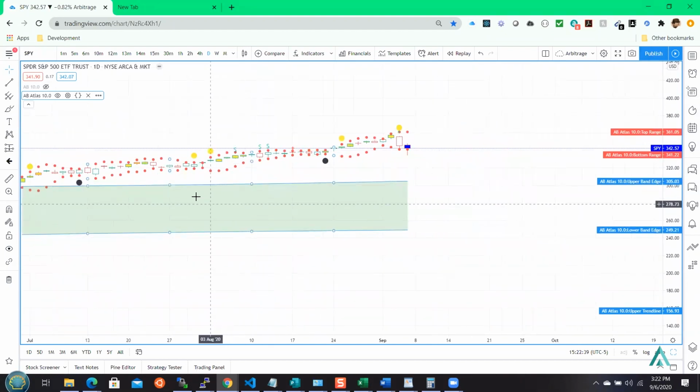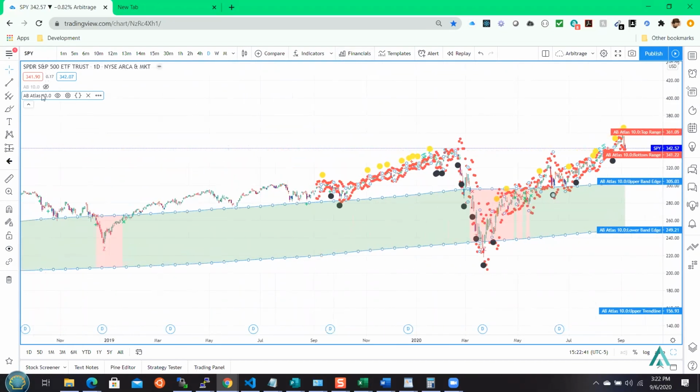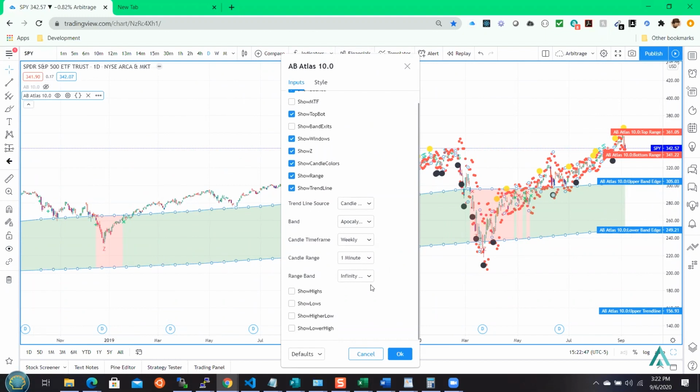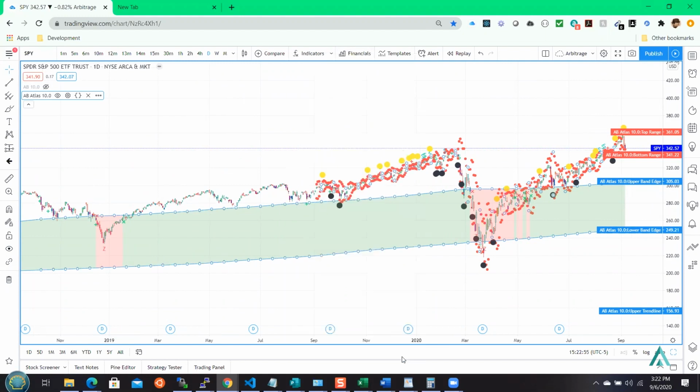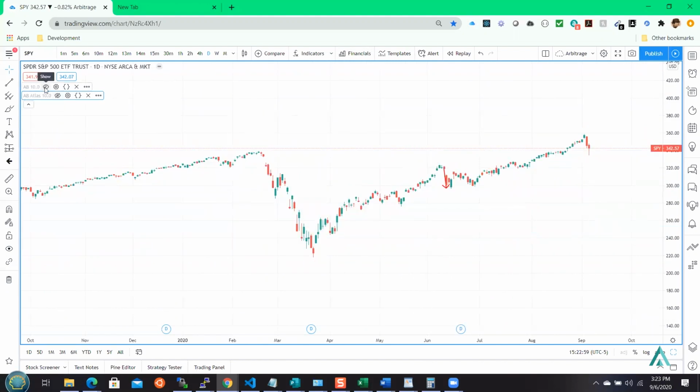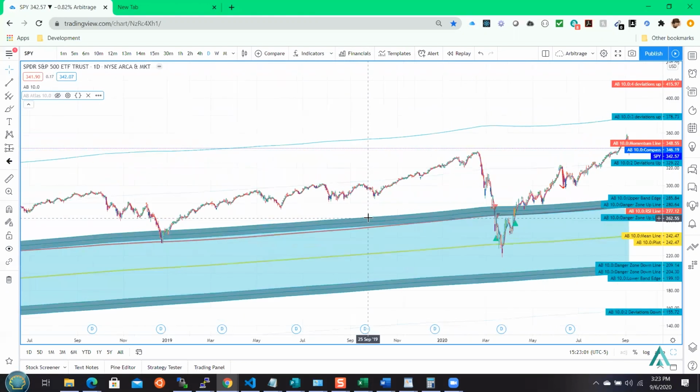But the alerts, a lot of people, when they're playing with the system, want to know what is the magic bullet of alerts to configure, to turn on, to make their trades more successful. In the very last release of the indicators, we did this little trick.